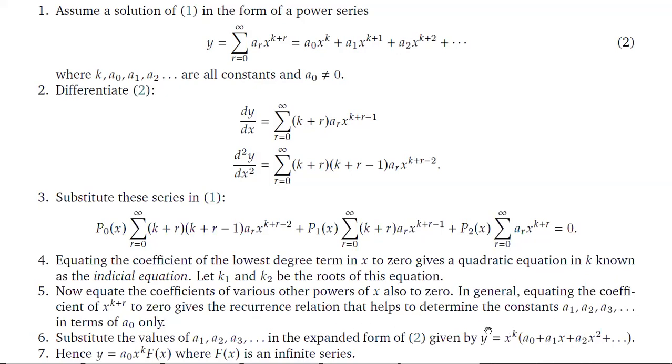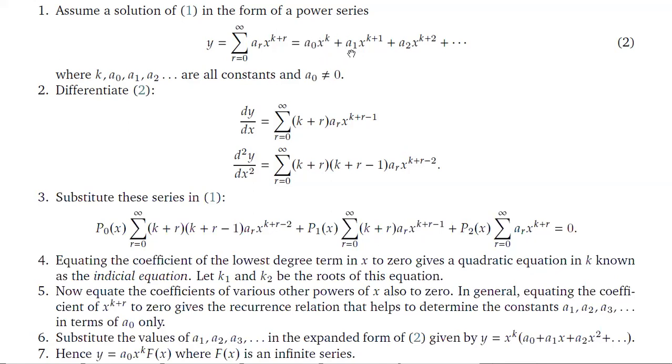After getting the values of all these coefficients, the next thing we do is substitute the values of a1, a2, a3, etc. in equation number 2. Please note this is the first term, that is a0 x^k.